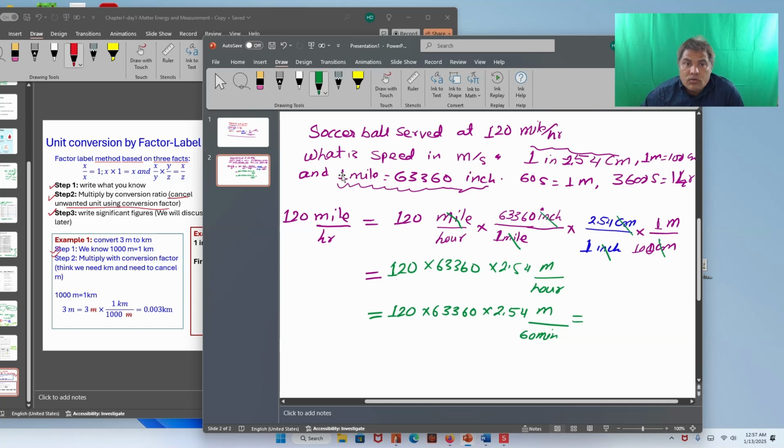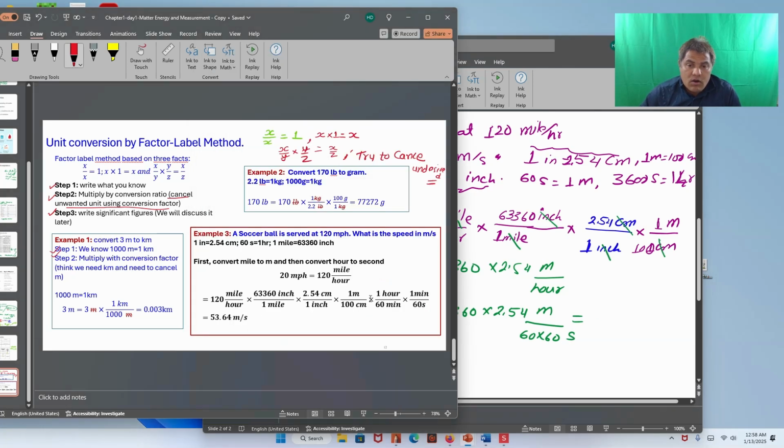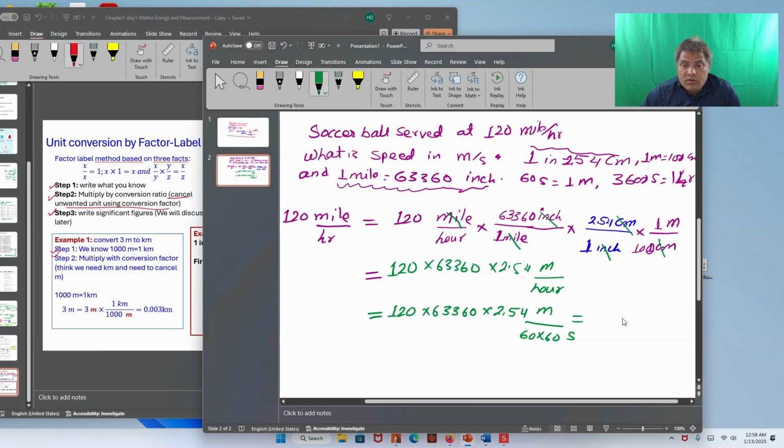Directly we can do that. Okay guys, so 60 times 60. So meter divided by 60 times 60, that is the second. If you do all of these things, you get 53.64 meter per second. Done.